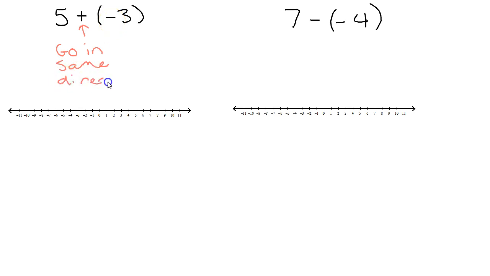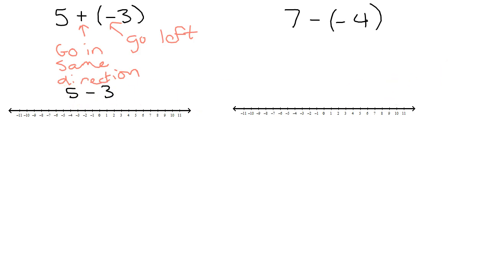So normally minus means go left, so plus minus actually means go left. Really, this is just one minus sign. A positive next to a negative is really the same thing as doing 5 minus 3.